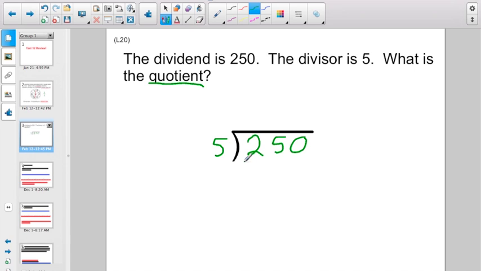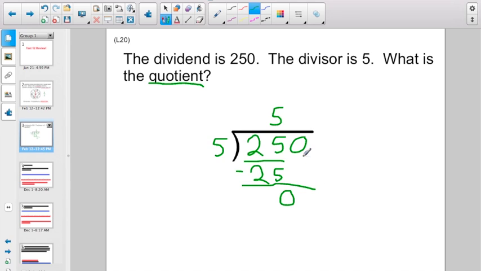So 250, I'm going to start dividing by 5 by saying 25 will divide evenly by 5. And I'm going to put my 5 right up on top of the 25 where I'm starting. I'll multiply it back for 25, and I'm going to subtract it out for 0.